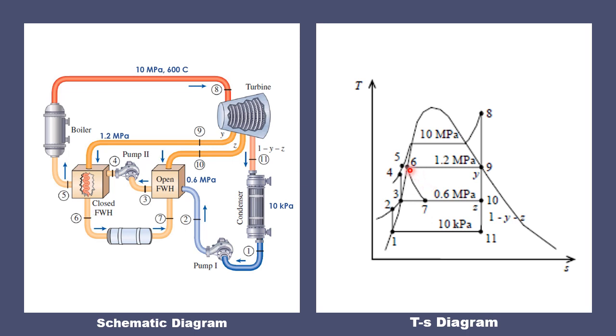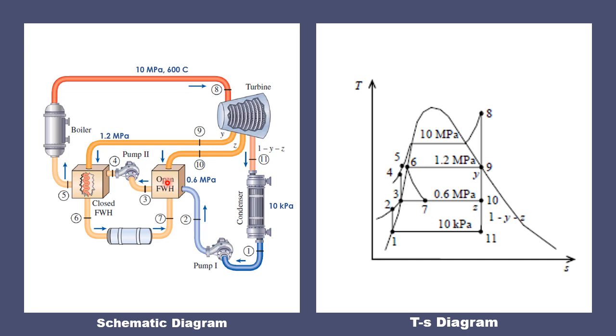That's why point 6 here is a saturated liquid at the pressure of 1.2 megapascal, which is the pressure of the closed feed water heater. And then it's stated in the problem that this liquid condensate leaving this closed feed water heater is throttled. So this is the throttling process that was mentioned, this process 6 to 7. It's throttled to the open feed water heater.